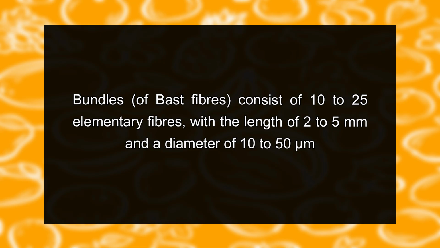The fibers occur in bundles or aggregates. The bundles consist of 10 to 25 elementary fibers with a length of 2 to 5 millimeters and a diameter of 10 to 50 micrometers.